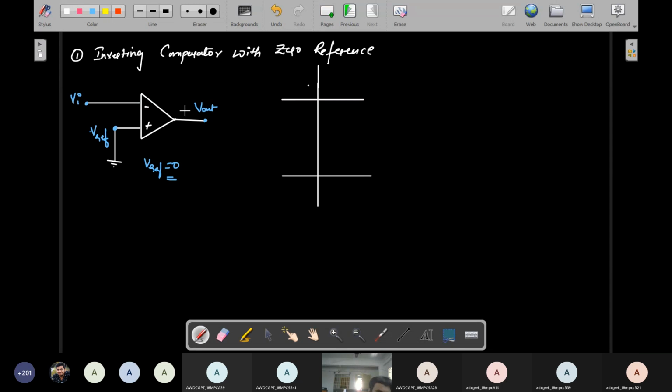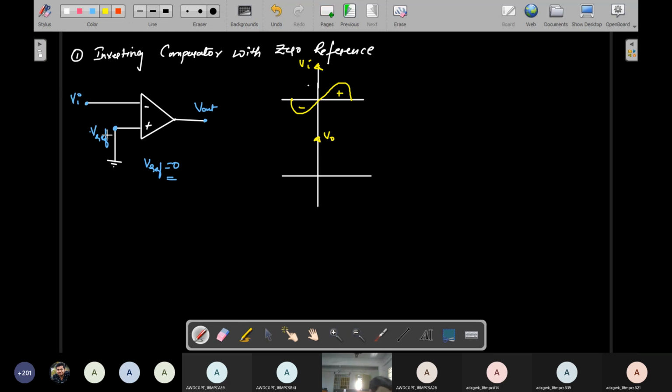The input signal is a sine formation. This is inverting mode, so I consider a negative peak here and a positive peak here. This is the sinusoidal input signal, with a negative and a positive side. This is the input signal Vi, and here I consider the output signal Vo. I am using the same graph for both signals.